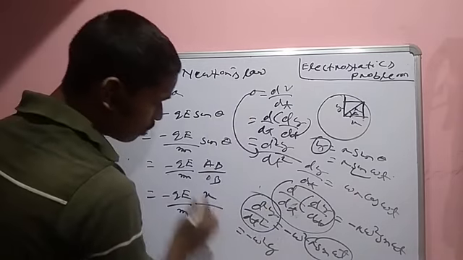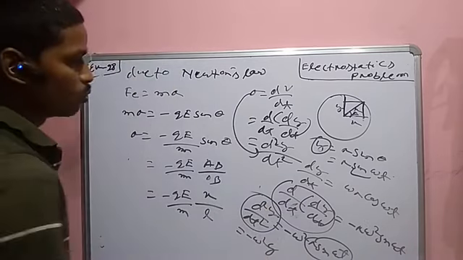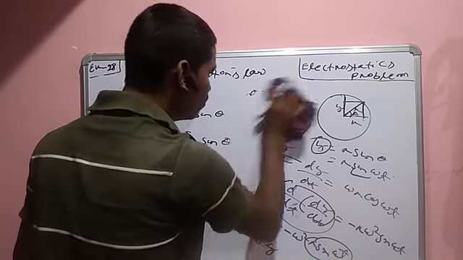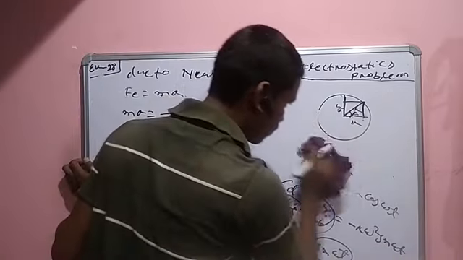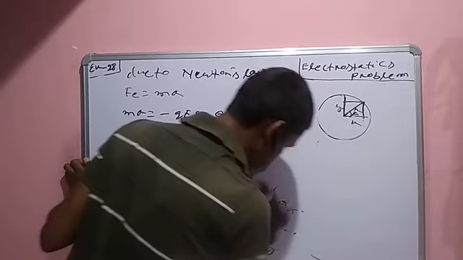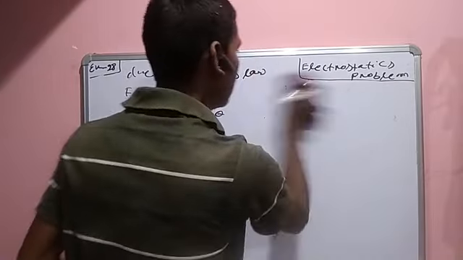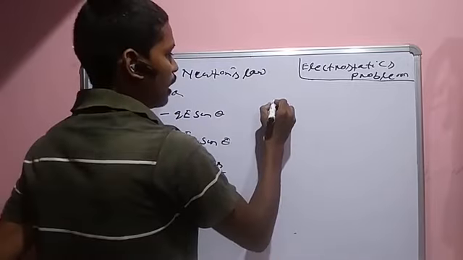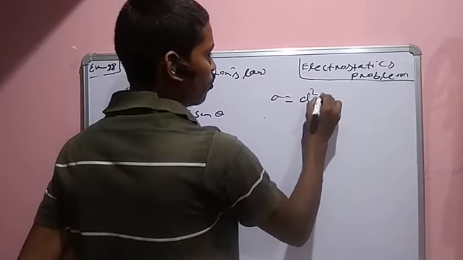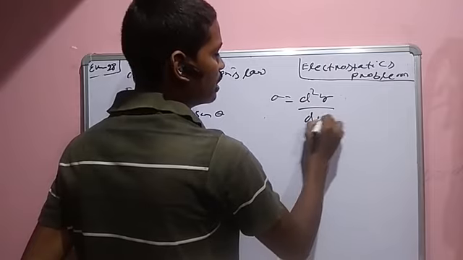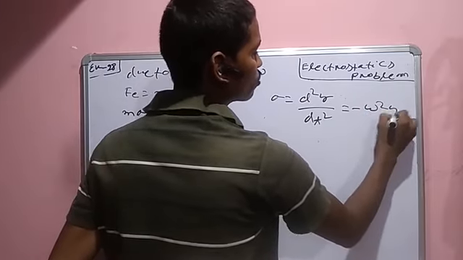That means that is equal to minus omega square y. So finally you can write down A is equal to d square y by dt square is equal to minus omega square y.